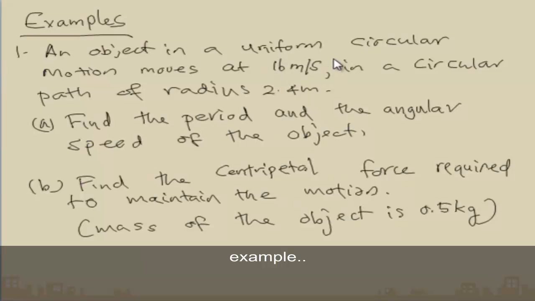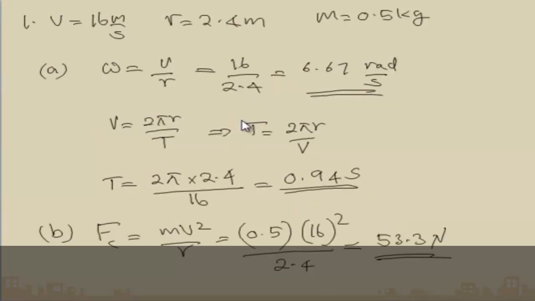So we have the speed and we have the radius, so we can use one of the equations we discussed at the beginning. v equals 16 meters per second, the radius is 2.4 meters, and the mass equals 0.5 kilograms. So the angular speed omega is given by speed divided by radius, 16 over 2.4.